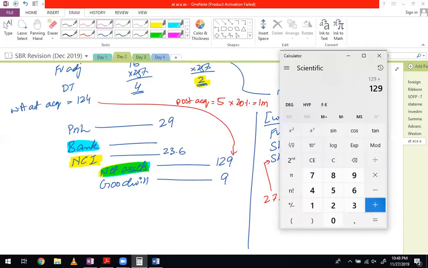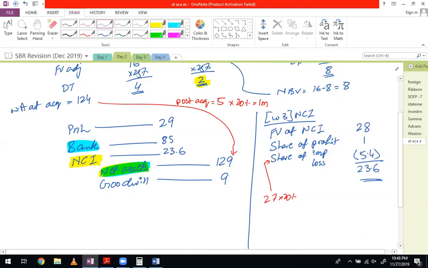So now we can say 129 plus 9 are on the credit side. Minus 29 minus 23.6 will give us the balancing figure of the bank. So 85.4 is the cash received from the disposal of the subsidiary.